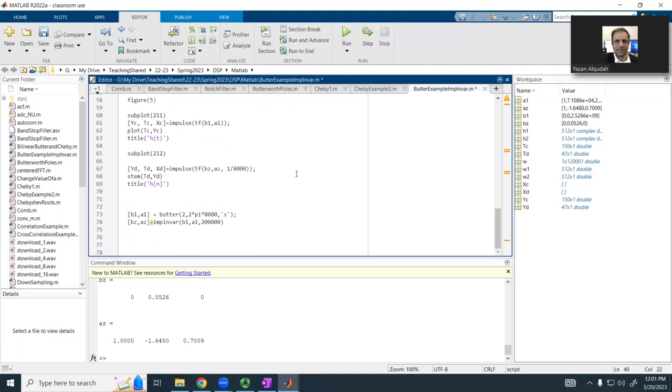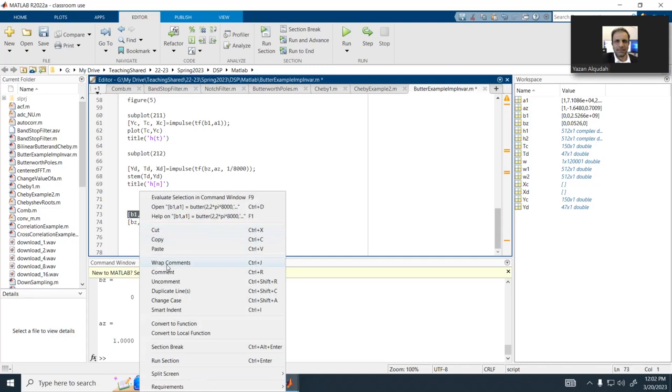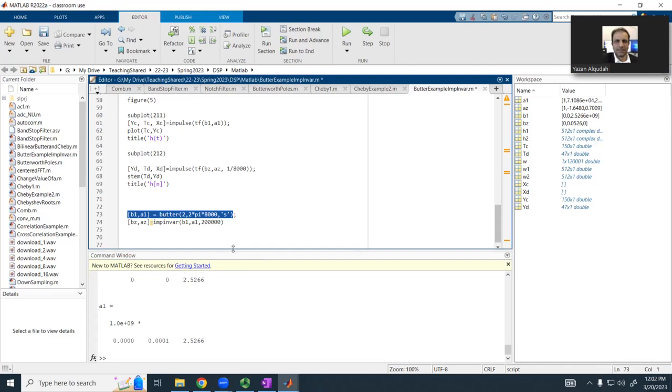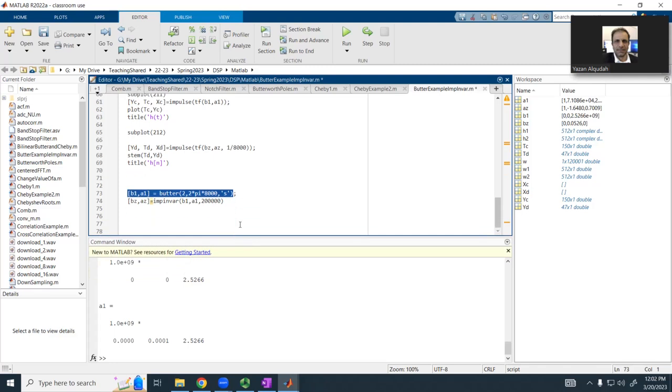Now, having done all this work manually, what does MATLAB need to do all this work? These two lines. What are these two lines? This is going to give you the numerator and denominator of the continuous time filter. And this is going to convert it to a digital filter.